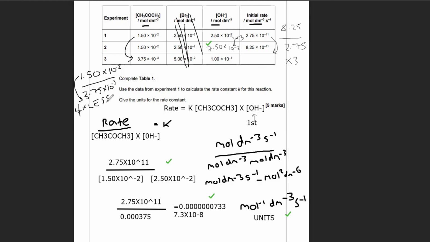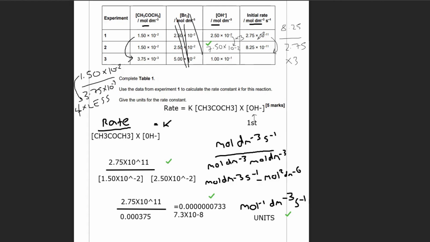So that means that compared to the initial rate of 2.75 times 10 to the minus 11, my first effect is that this has been divided by 4. So the initial rate will have also gone down by 4. So let's put it in as 2.75 times 10 to the minus 11, and let's divide it by 4. And that tells me that it should be 6.875 times 10 to the minus 12.